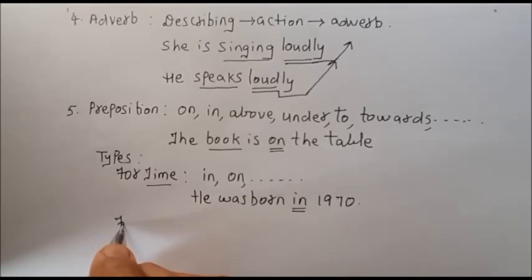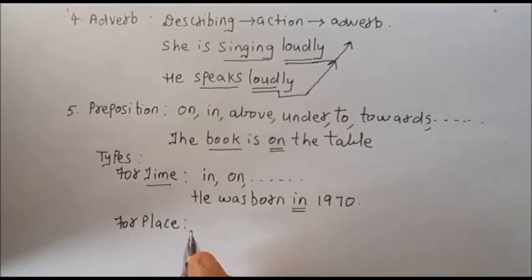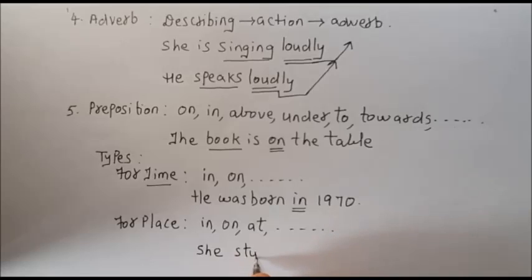Then there is preposition for place. Now the same ones you can use for place also, like once again in, on, at. All these prepositions can be used for place also. For example, she studies in library.